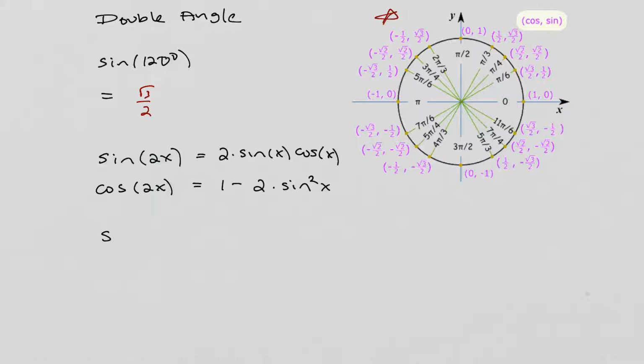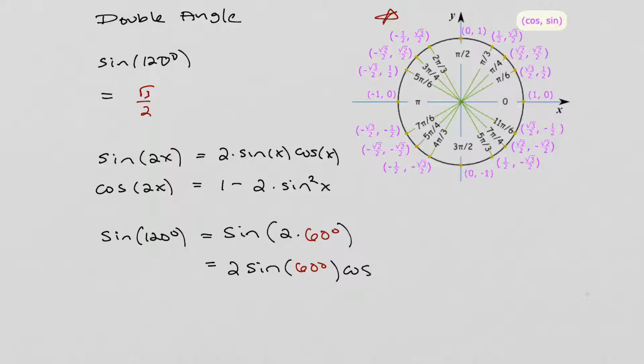So sine of 120 degrees is the same thing as sine of 2 times 60 degrees. If we use that in my formula, it'll be 2 times sine of 60 degrees times cosine of 60 degrees.